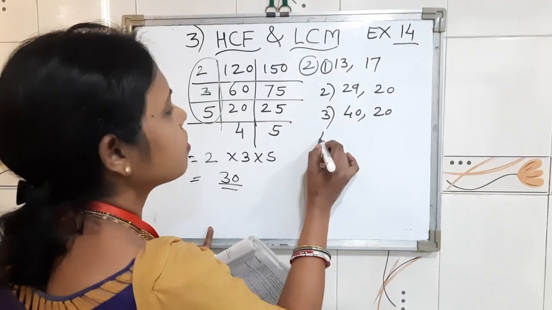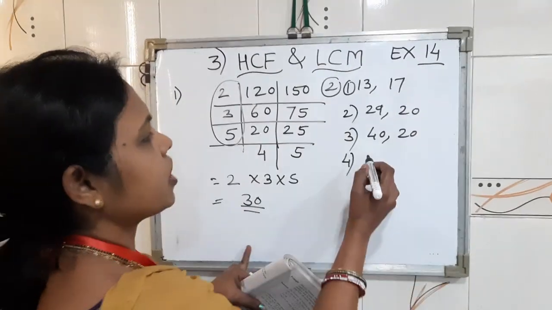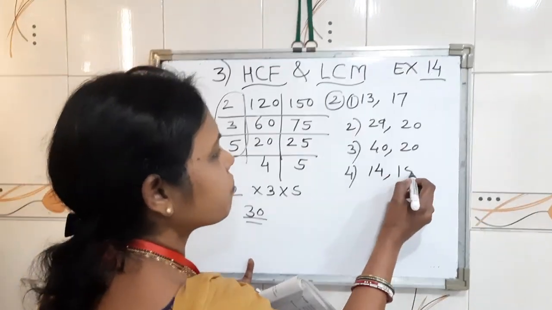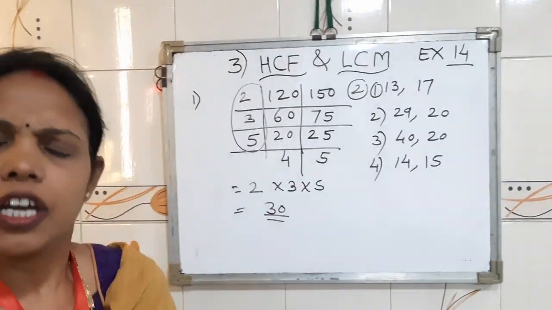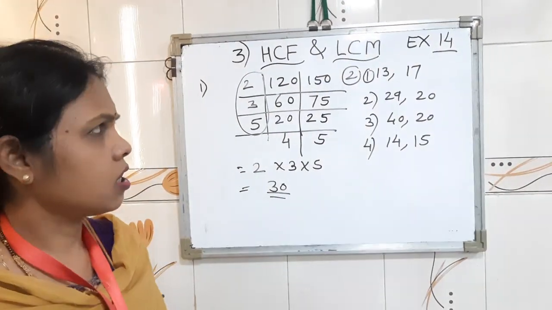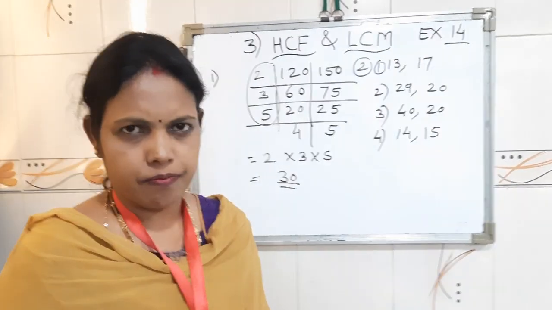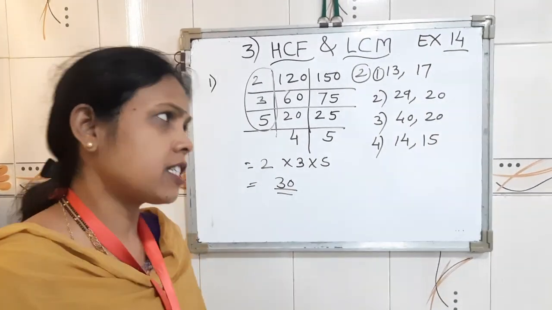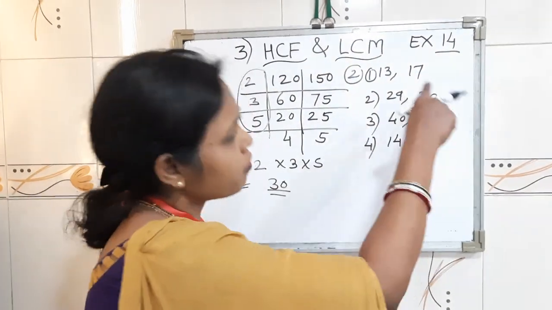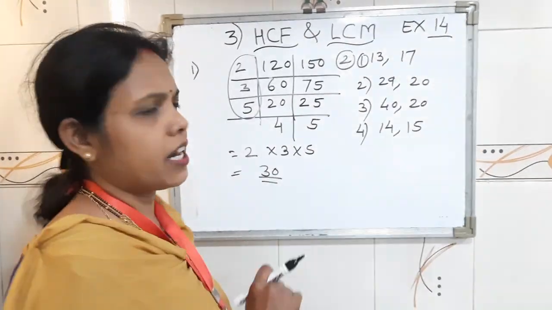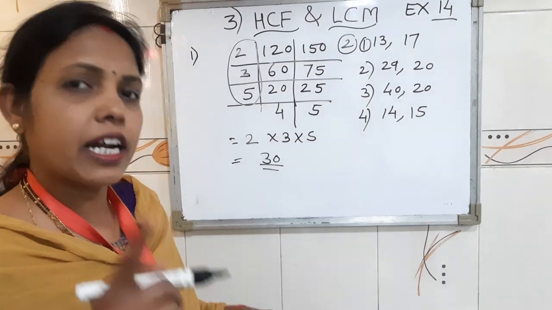Fourth one 14 and 15. Children, first of all we want the HCF. Then we are asked which of these 4 pairs does not have an HCF of 1.